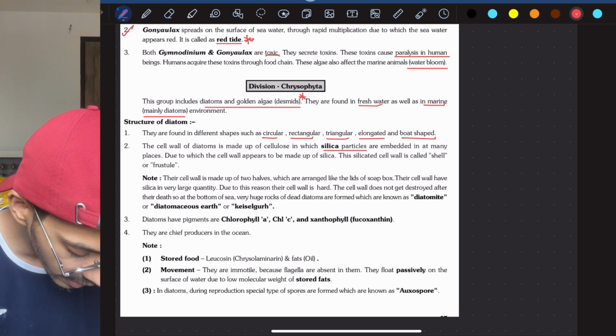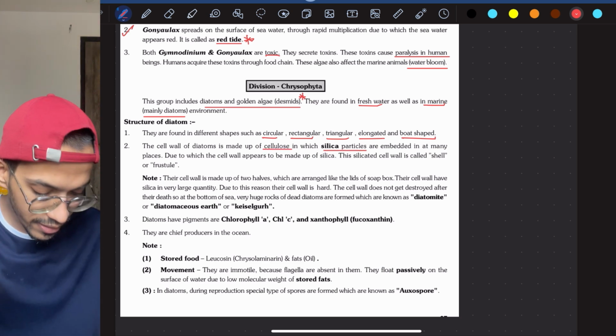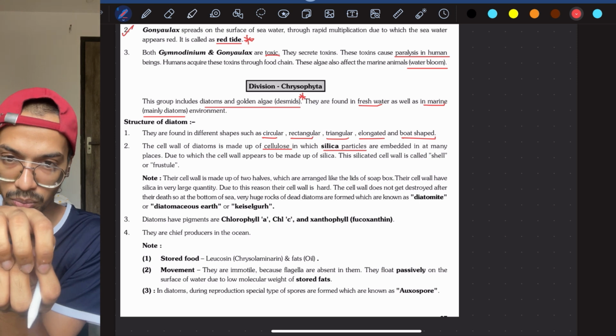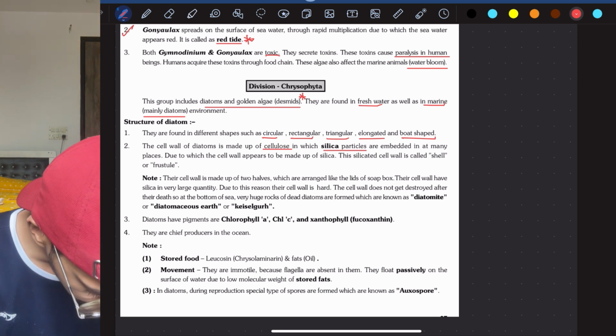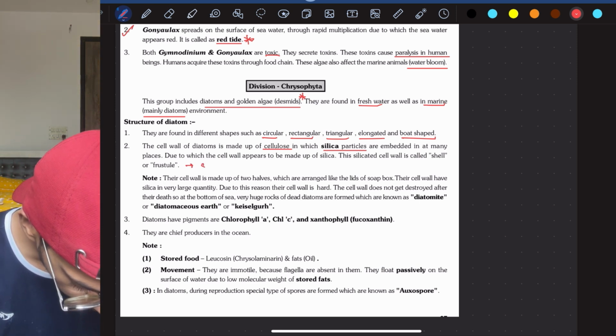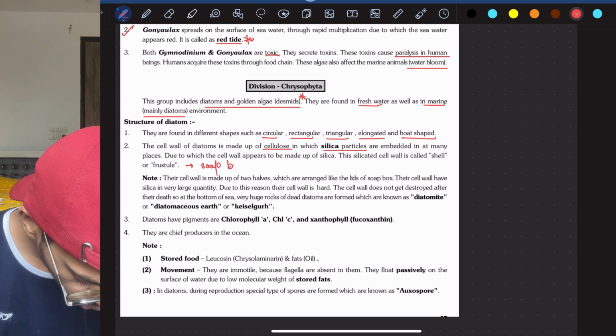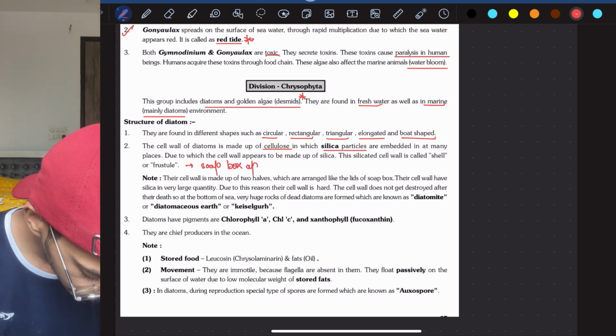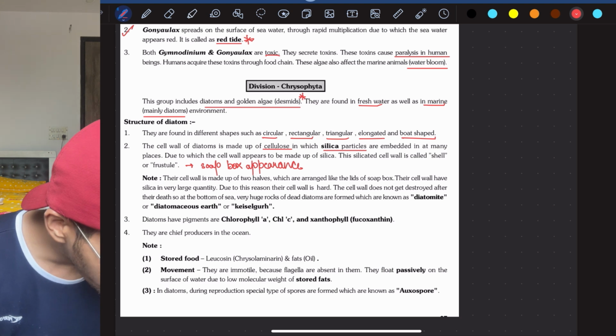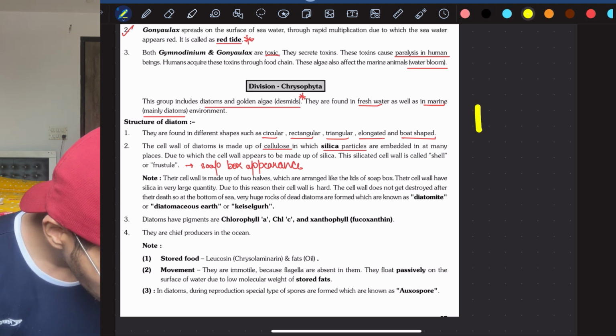Means cellulose is there and silica particles are there, and they appear like what? A soap box. Their appearance is like a soap box. What is this soap box appearance? For example, imagine that this is the upper cell wall and this is the lower cell wall.